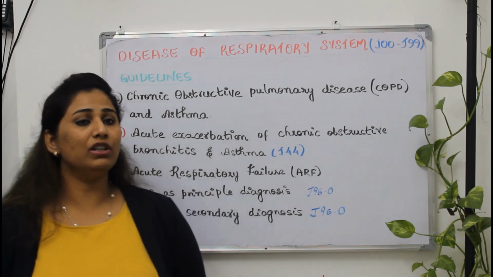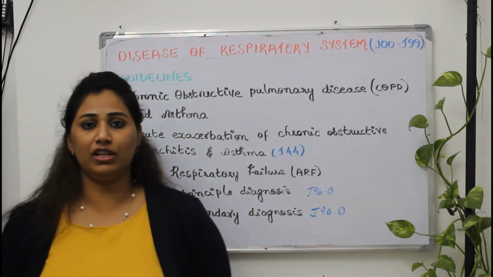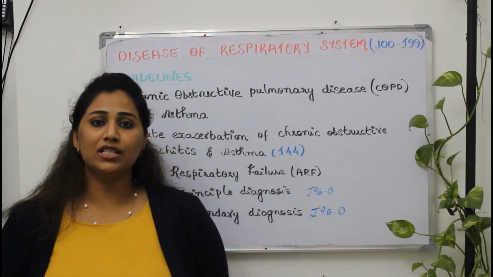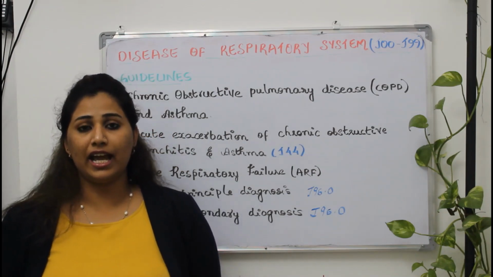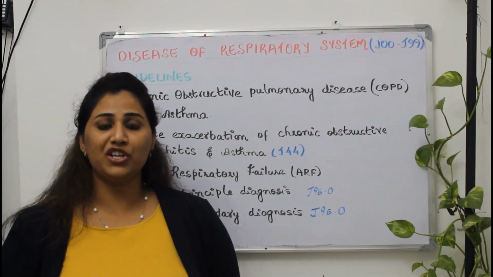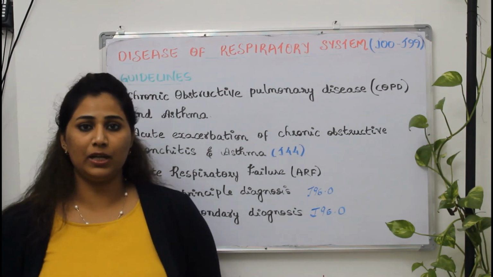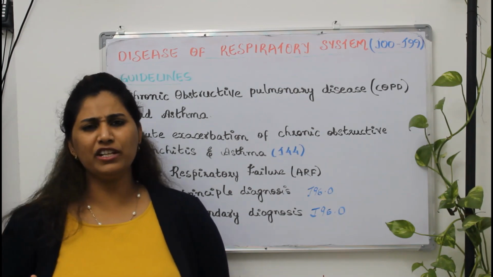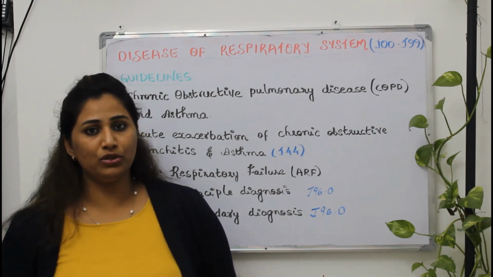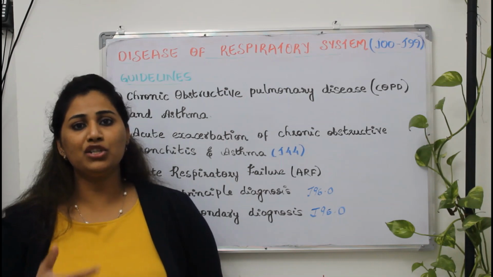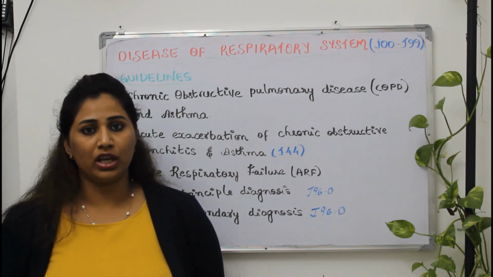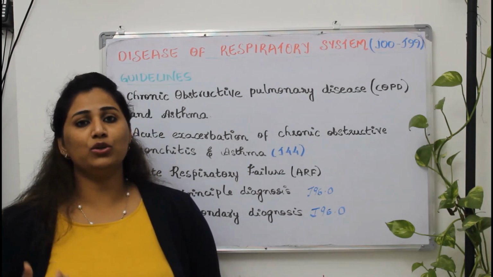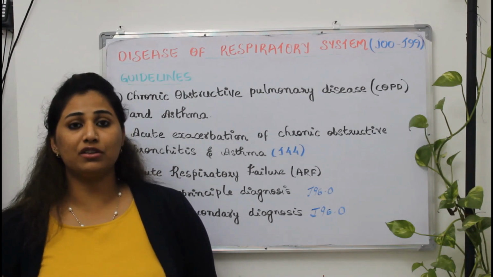So when will we code this as a secondary diagnosis? That means the patient is coming with something else and after the admission the patient is developing a respiratory failure. For example, if the patient is coming with a poisoning, like an opioid overdose, and is getting treated for this overdose, and gradually after 1 or 2 days the patient goes into respiratory failure.